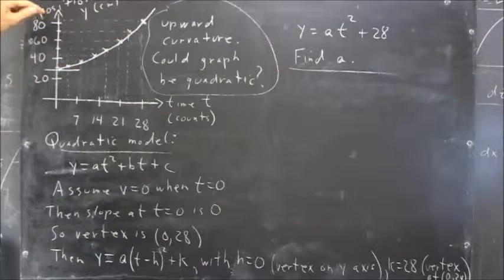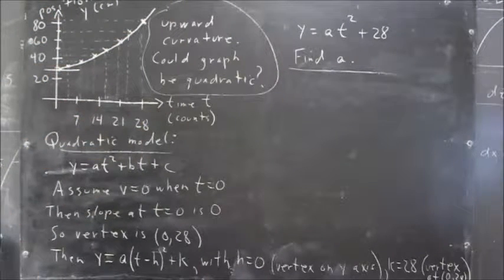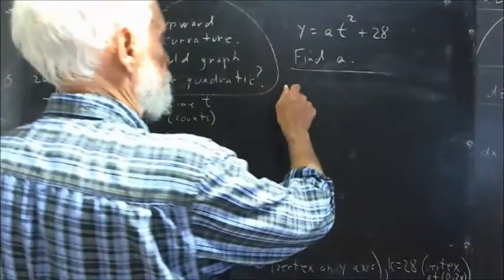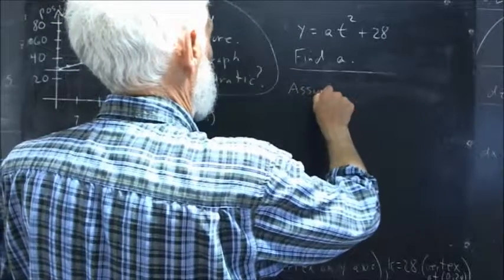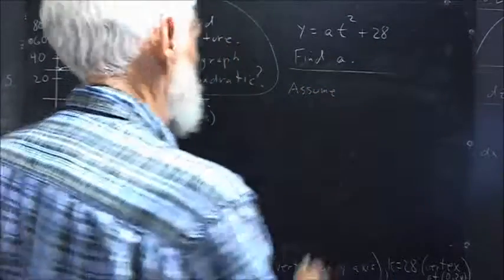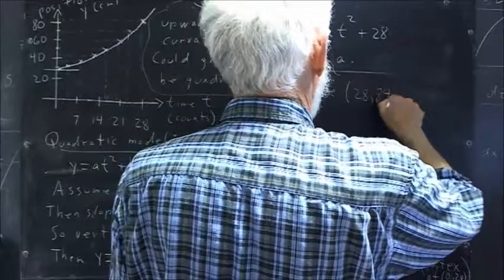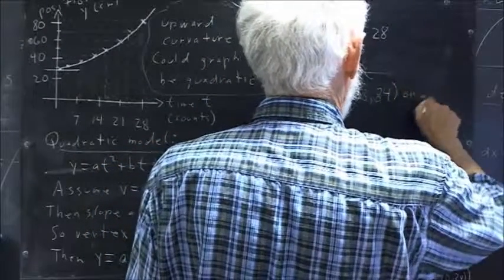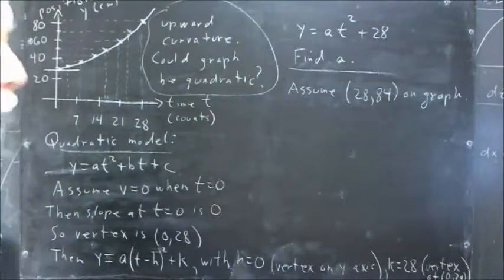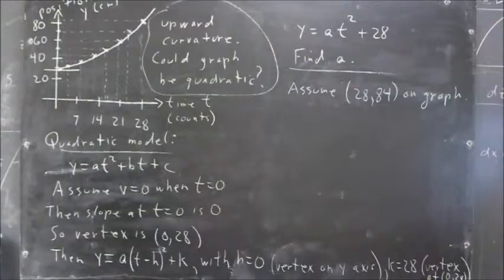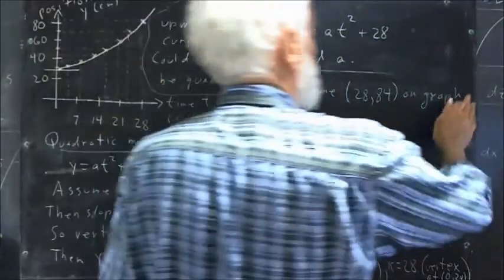The last data point, y was 82, t was 28, so let's assume that (28, 84) is on the graph. Now that might or might not be a good estimate. We'd need a much better graph to make a really good estimate anyway, but let's assume that (28, 84) is on the graph of the best fit curve.